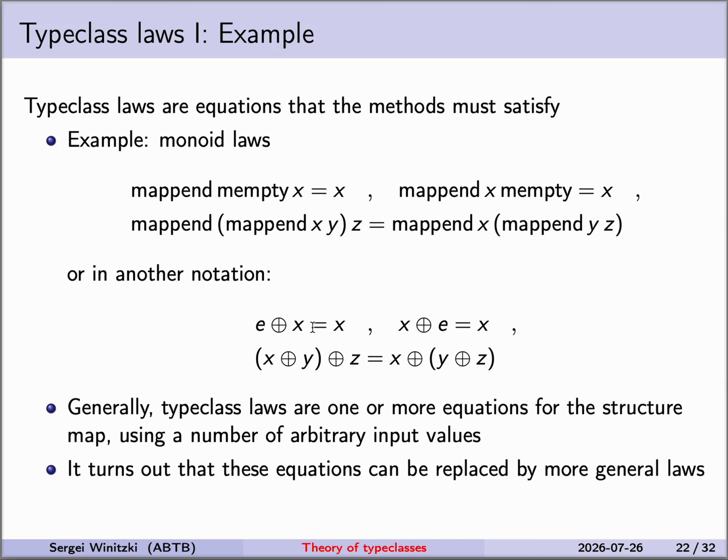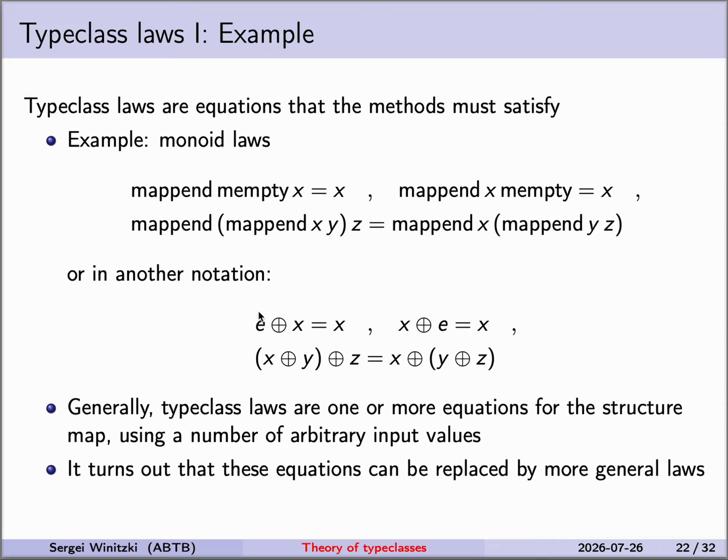For any x, which is a value of a monoid type, for any y, for any z, which are values of the monoid type, and e is the special value returned by mempty, so we denote it just by e for brevity. Then we have these laws.